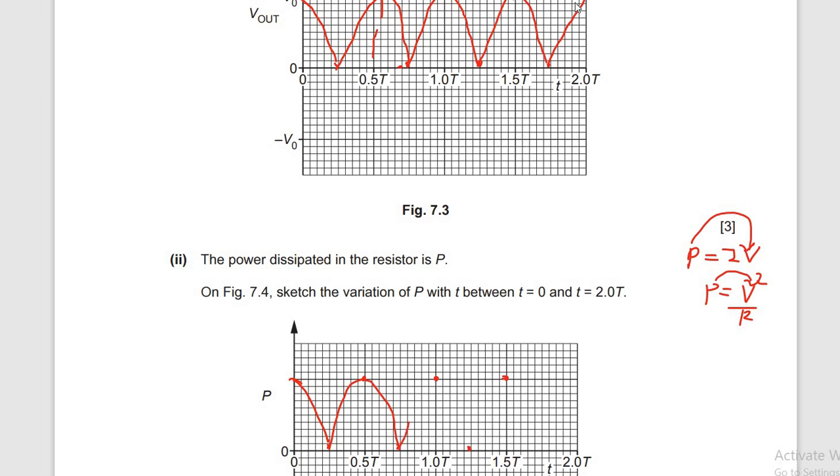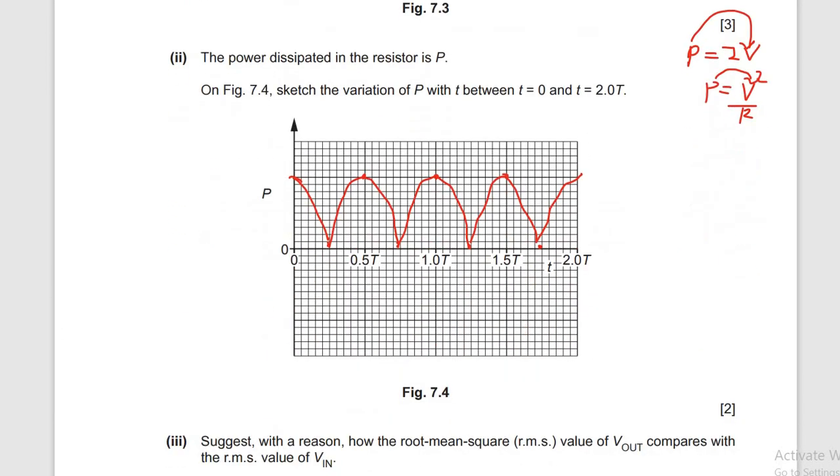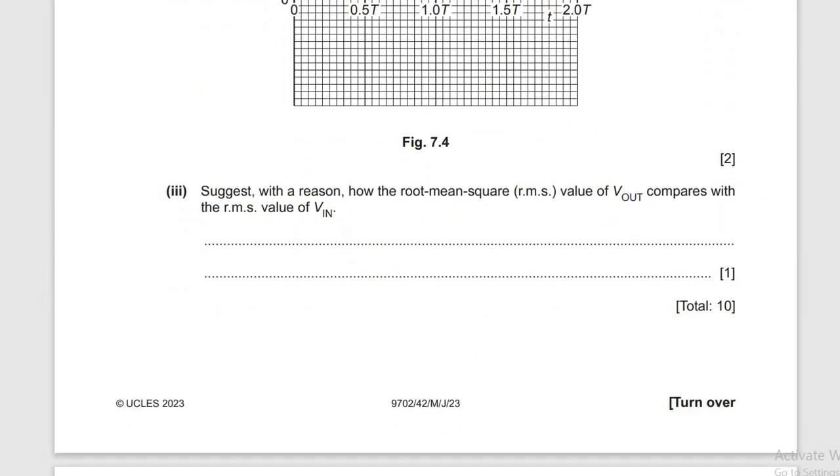The same. 6, 7, 8, 9, 10. The same. And this. They are the same graph, the power and voltage. This is it. Now the next question.